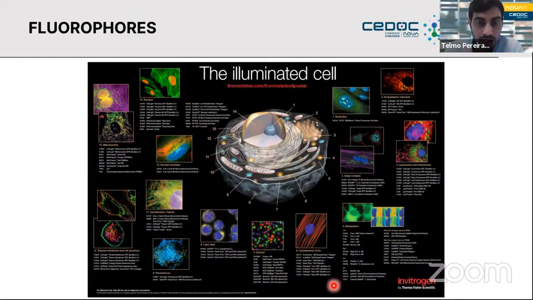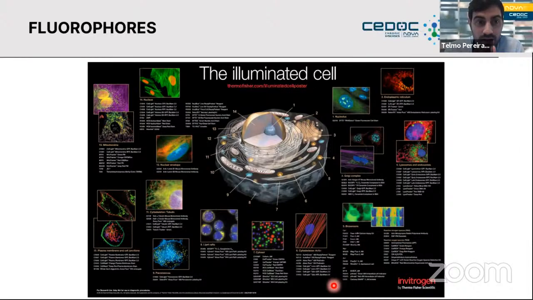Also, not only fluorescent proteins are available, but there are also lots of dyes and kits and other types of fluorophores that you can use to illuminate your cell, as you are seeing here in this scheme.